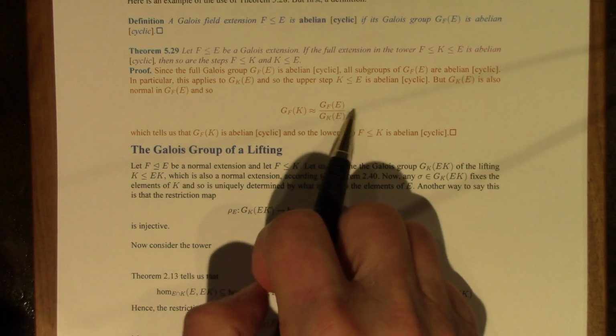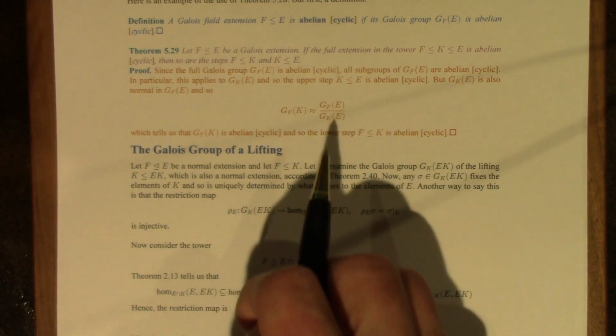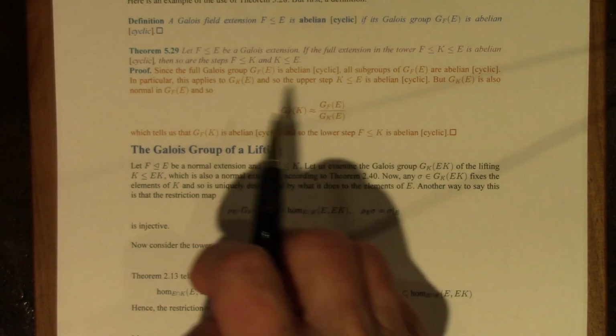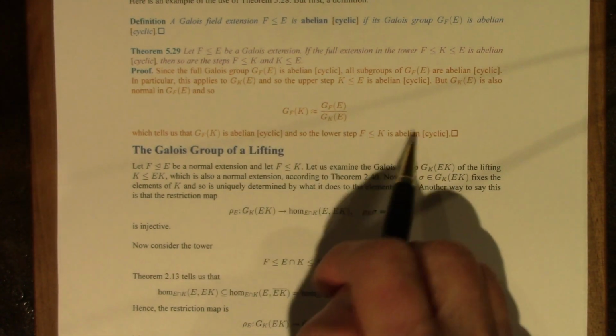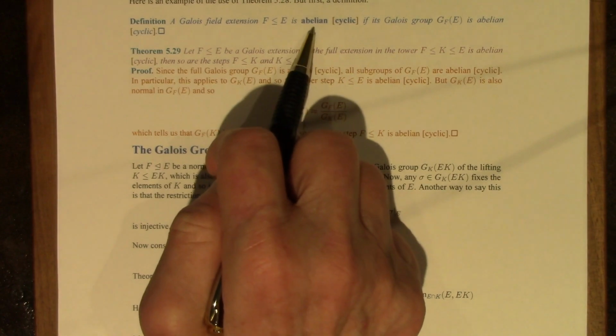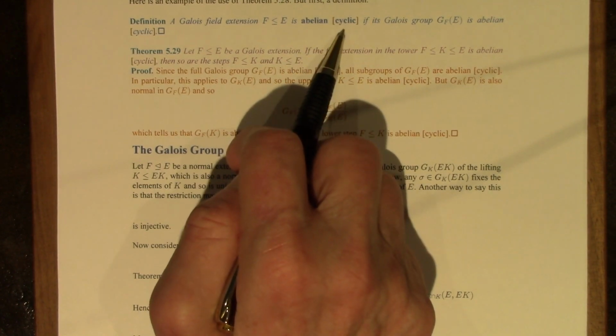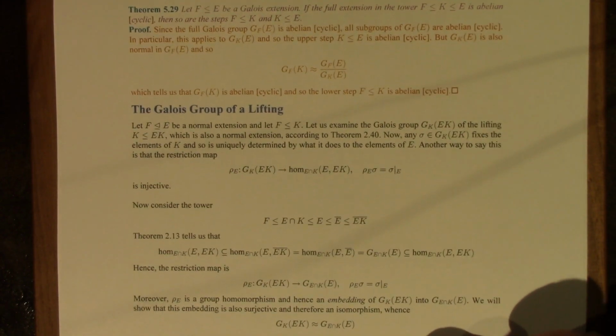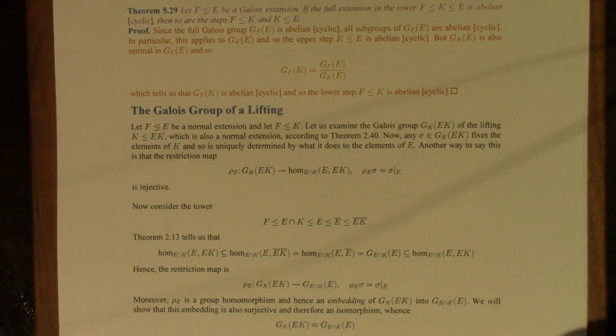And so that preserves abelianness or cyclicness. So the lower step is abelian or cyclic. So it's the third part of the fundamental theorem that gives us the information about the lower step being abelian or cyclic. This will tie into solvability by radicals, which is why it's so important for us.